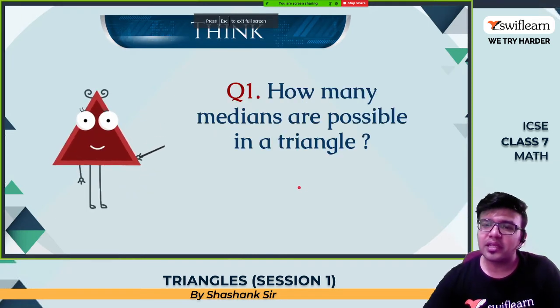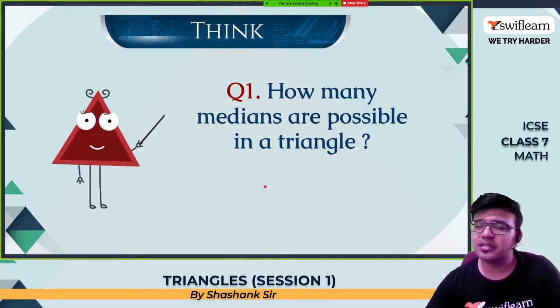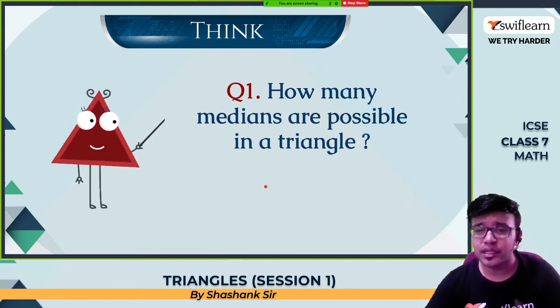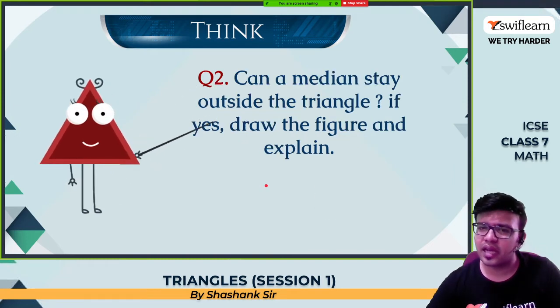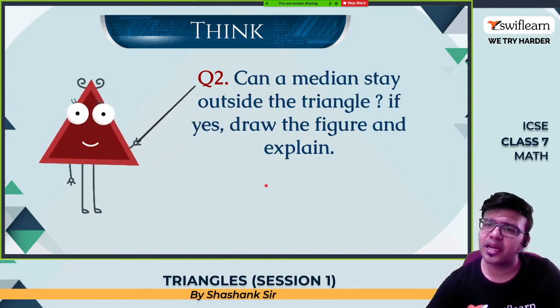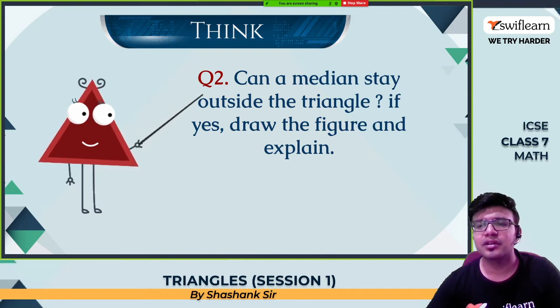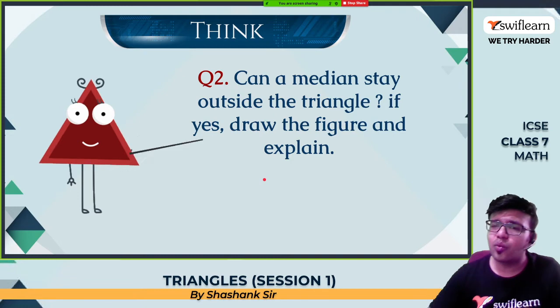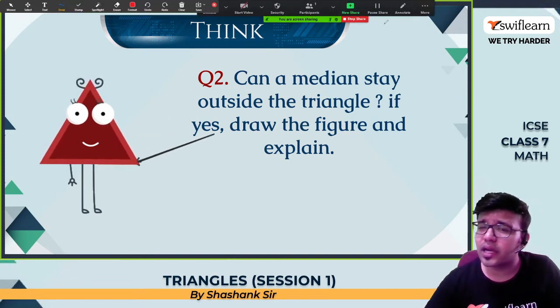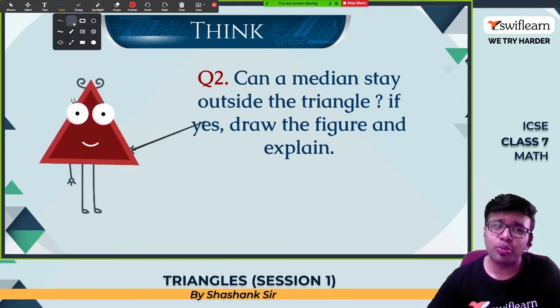How many medians are possible in a triangle? Obviously, we studied it, there are three medians possible in a triangle. Can a median stay outside a triangle? If yes, draw the figure and explain. A median is the line joining a vertex and the midpoint of the opposite side.